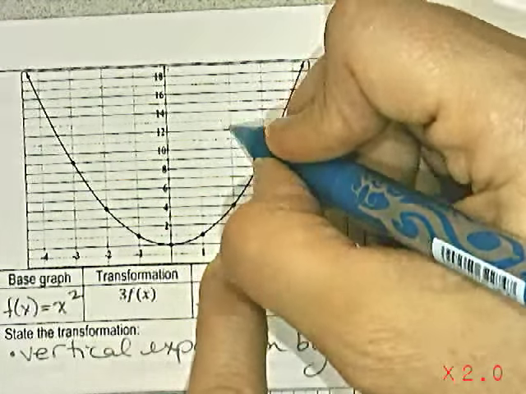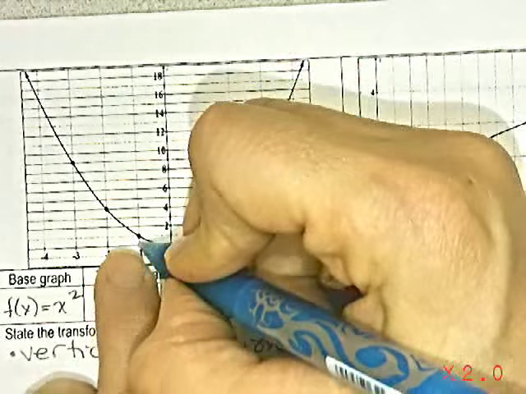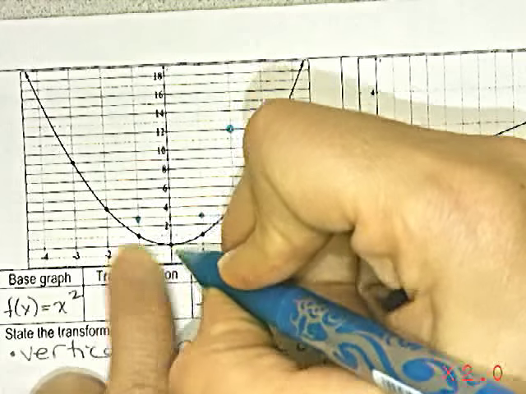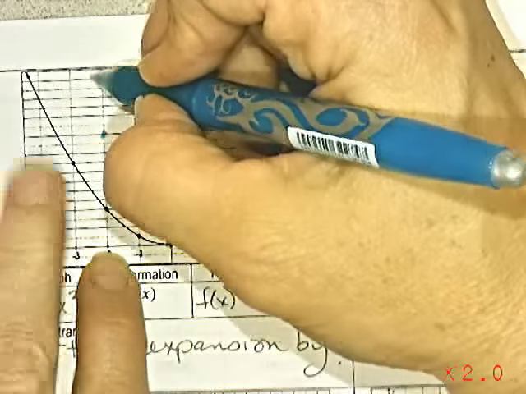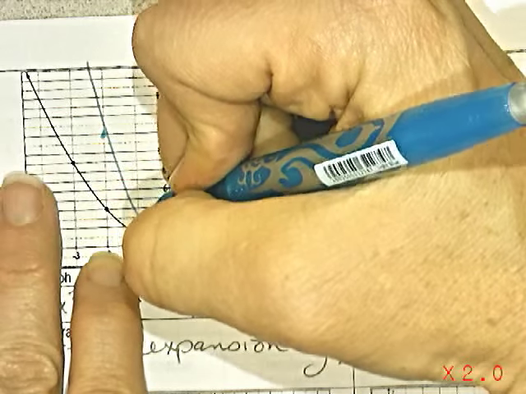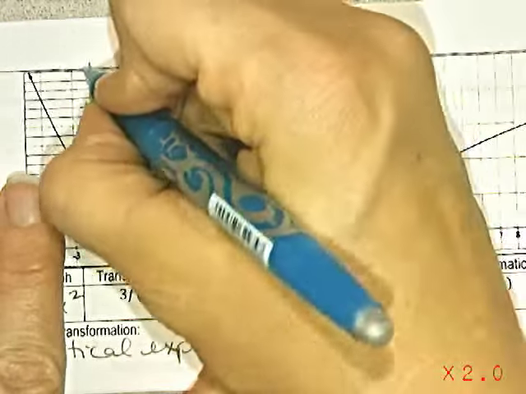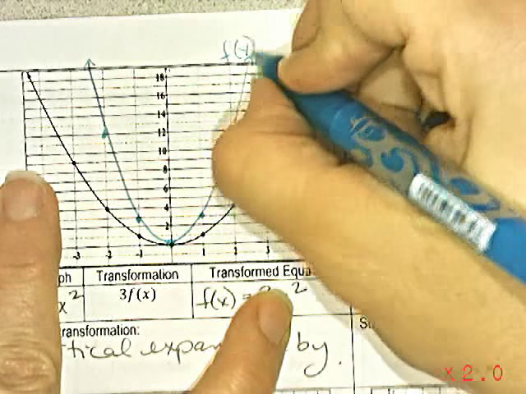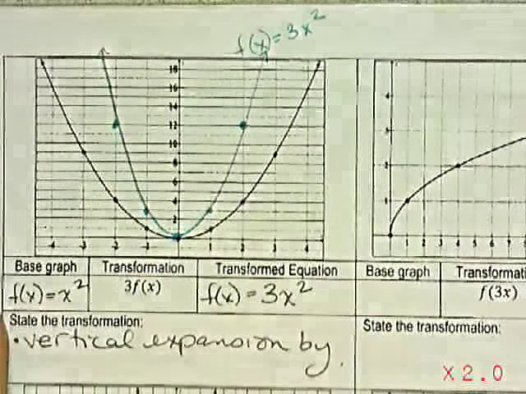Tripling this 4 would take it to 12. Tripling a 1 would take it to 3. Tripling a 0 stays at 0. We're off my graph for the rest of them. And a nice smooth curve through there. And this is the graph of a vertically expanded quadratic function.